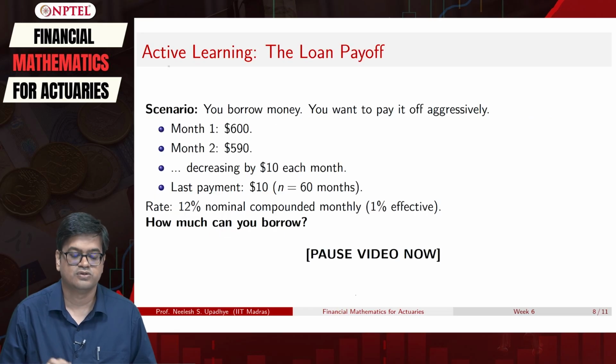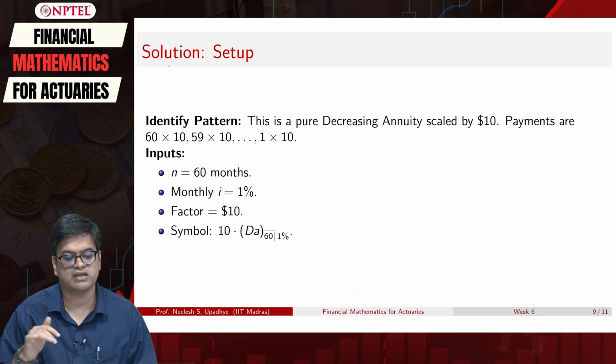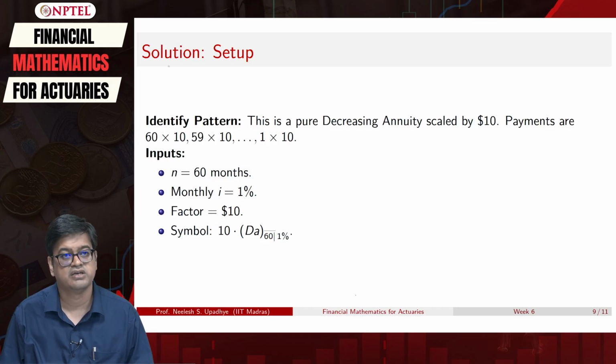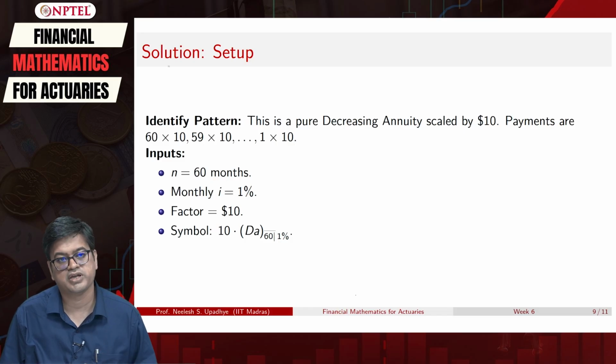Let us see the solution of the problem. Here you identify the pattern that this is a pure decreasing annuity which is scaled by $10. So, the first payment is 60 times 10, the second payment is 59 times 10, and this goes on till you pay the last, $10, right. So, inputs will be 60 months, which is the time period.